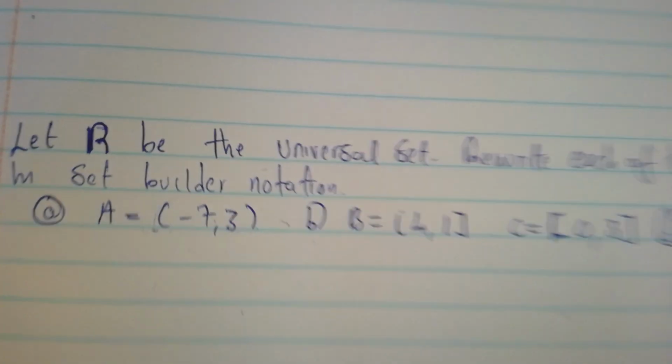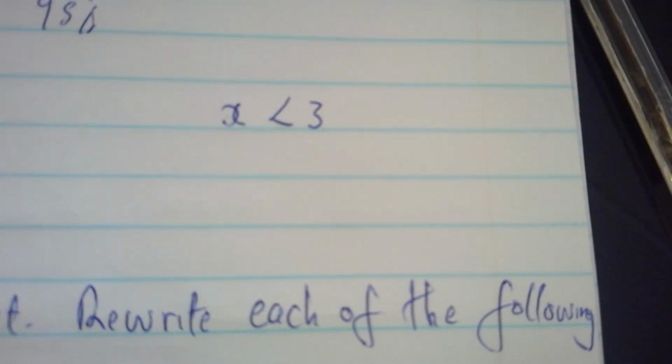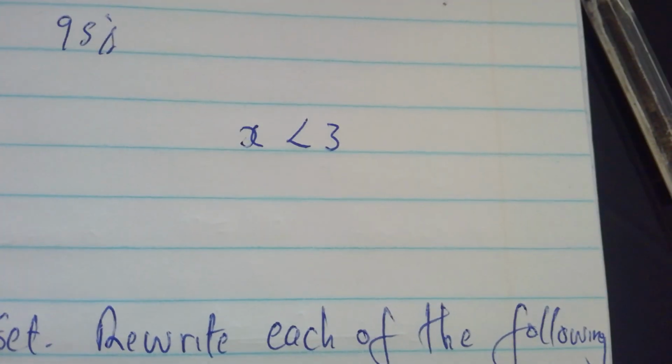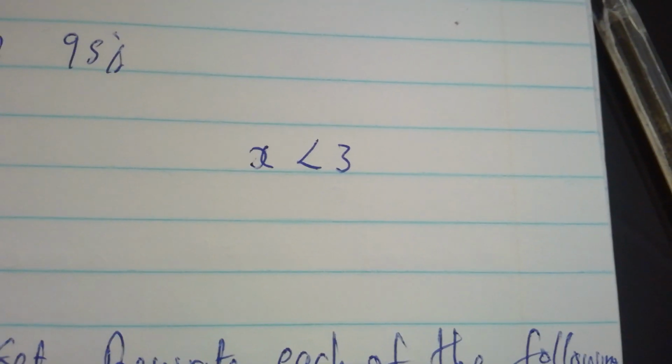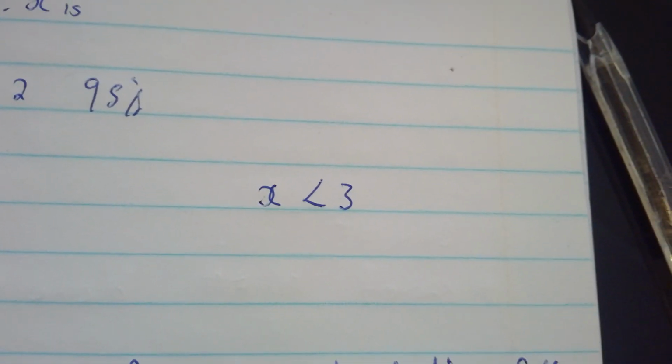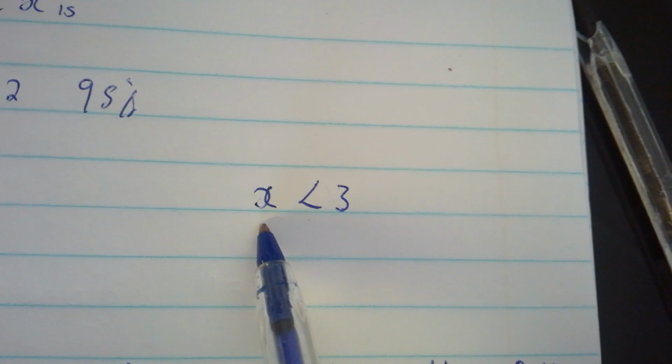Just to stress more, remember that if I say x is greater than 3, it simply means x will start from, pardon me, the video is a bit blurred. Okay, so if I say x is less than 3, this is a less than sign, it means x can be any number less than 3, starting from 2, 1, 0, and into the negatives. 3 won't be part of x.